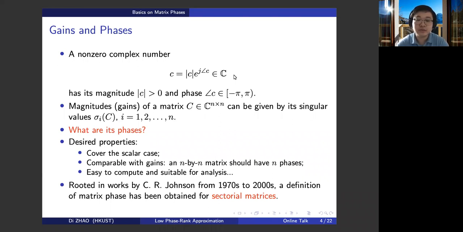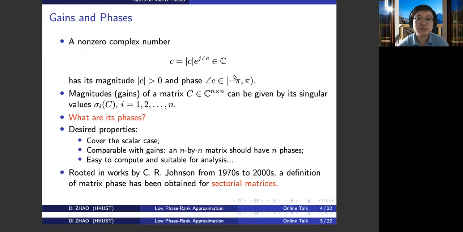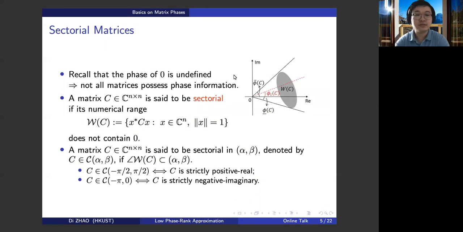After all, we will use the definition of matrix phase that is rooted in the works of Charles Johnson from the 70s to 2000. This phase is only defined for sectorial matrices. Let's recall that the phase of the number 0 is undefined because it doesn't contain any phase information.